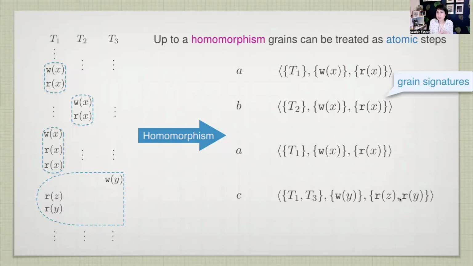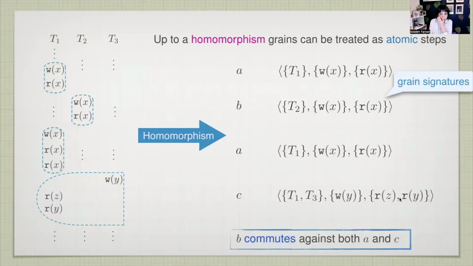We call the objects that you see summarizing these grain signatures, and these grain signatures are bounded by how busy you can get talking about different threads and different variables. Once you have them, you can look at them and decide which letters of the alphabet actually commute. Looking at this, we can say that B commutes with both A and C because it doesn't touch the same threads or the same variables in a bad way.